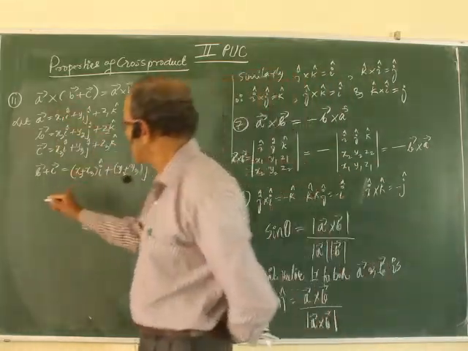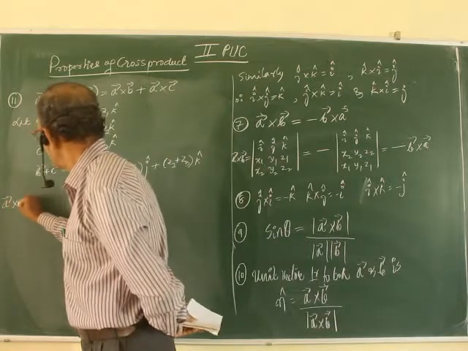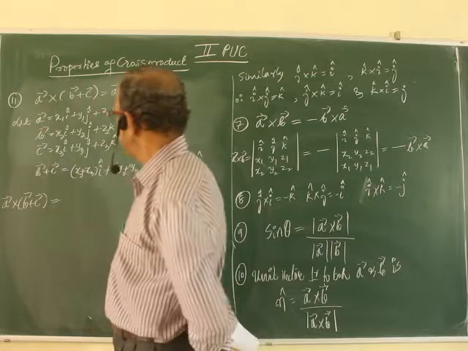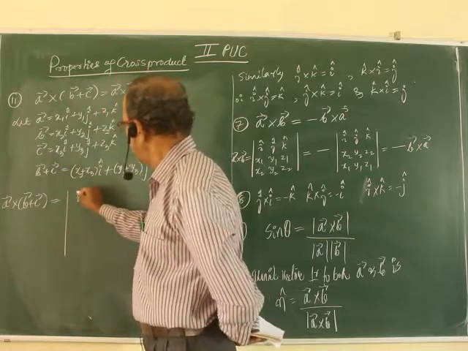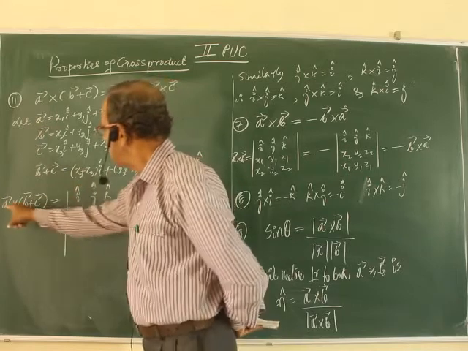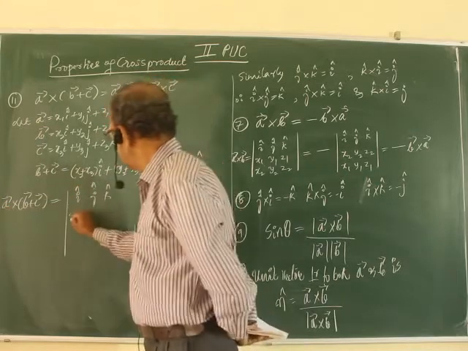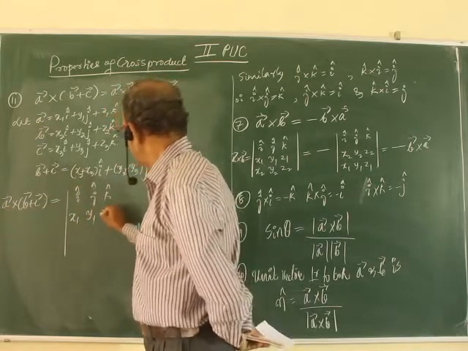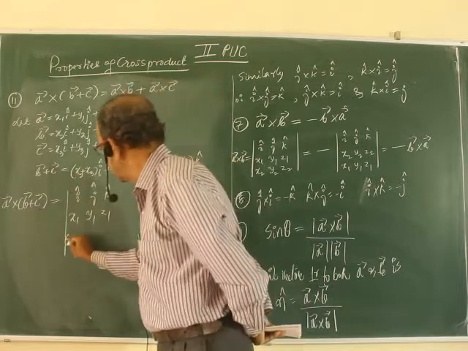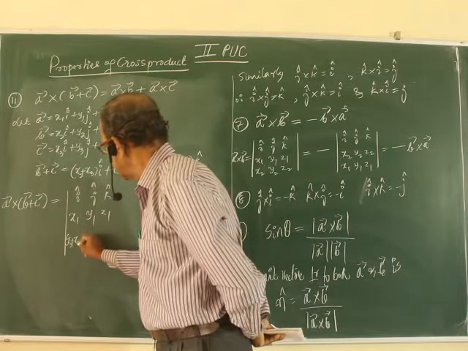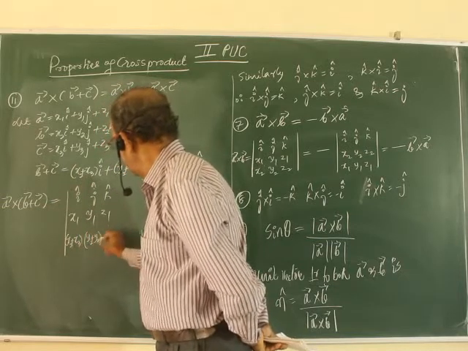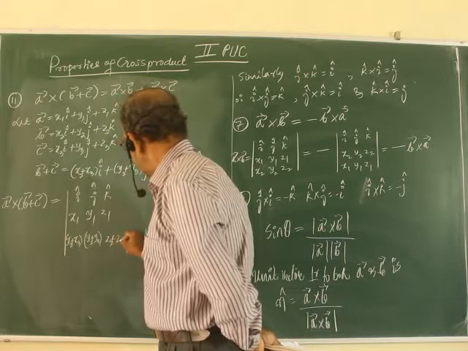Now what about this? A cross (B plus C) is the determinant with i, j, k. Vector A is x1, y1, z1. Vector B plus C is x2 plus x3, y2 plus y3, z2 plus z3.